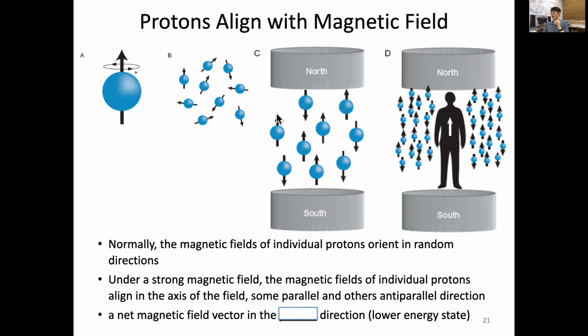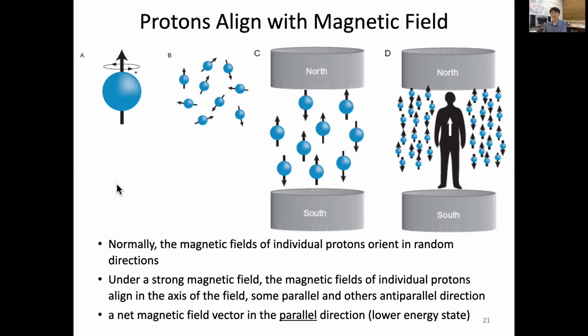Some will be parallel and some will be anti-parallel. Parallel protons are usually in a lower and stable energy state compared to the anti-parallel protons, which are in a higher energy state. So when human beings are there, overall there will be a net magnetic field vector in the parallel direction, which is the more stable, lower energy state.